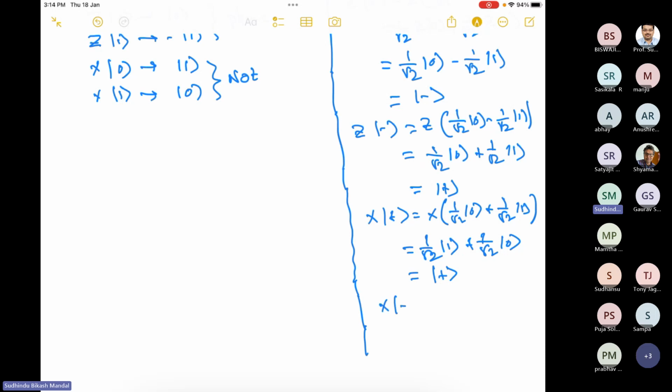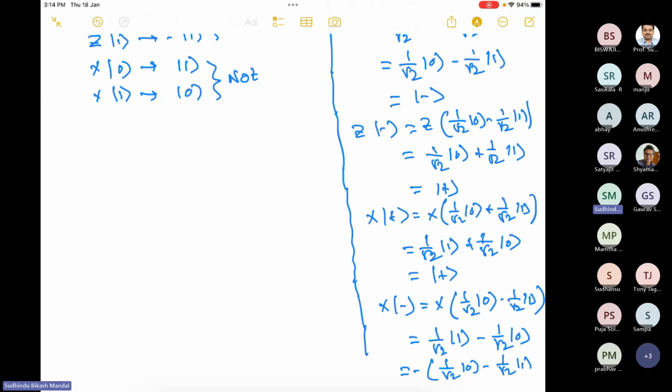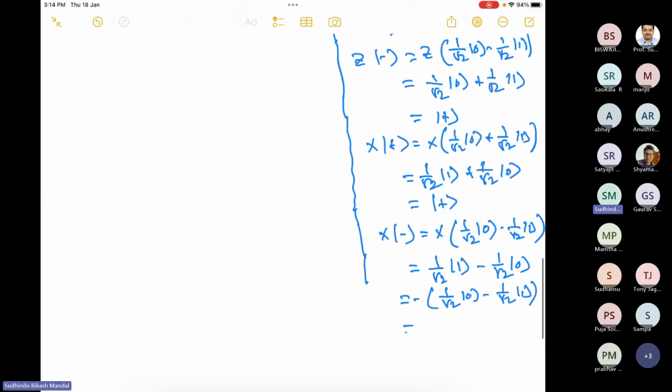Now if I apply X over this minus, so if I apply 1 by root 2, 0 becomes 1 because we are applying the X gate, and there will be minus 1 by root 2 0. If I take this minus over there, then it will be 1 by root 2 0 minus 1 by root 2 1. So what is this state?